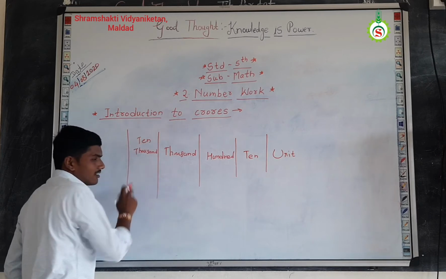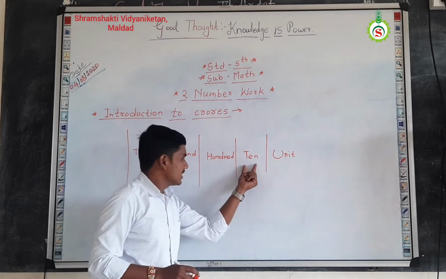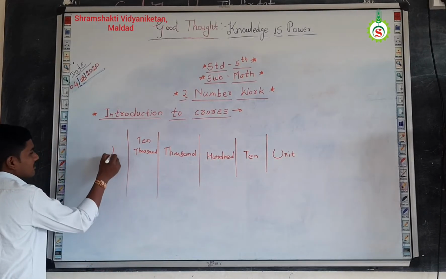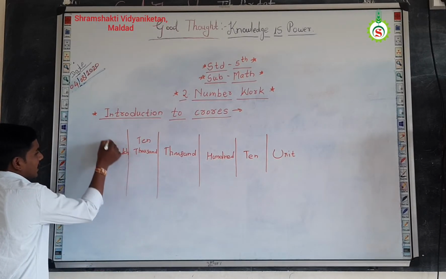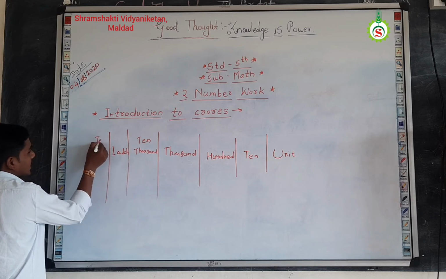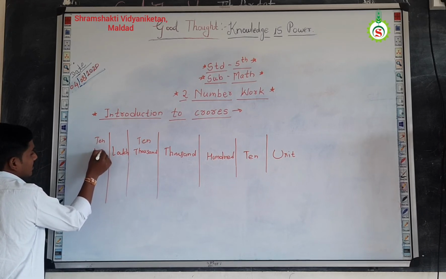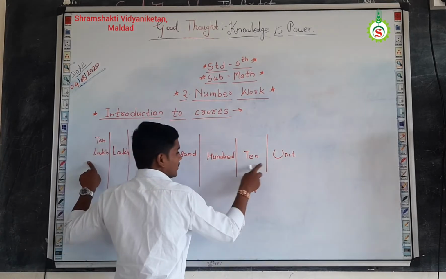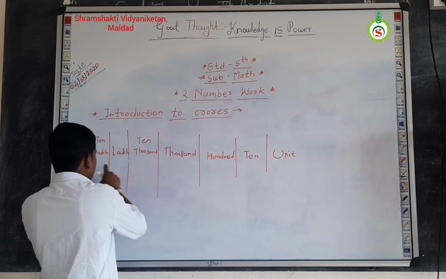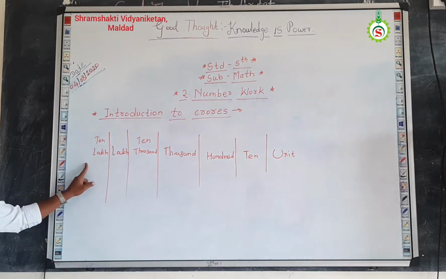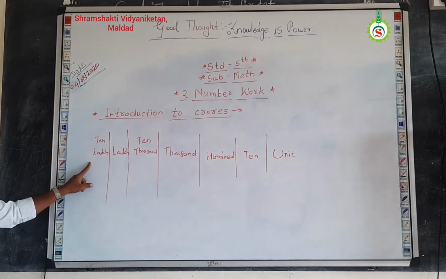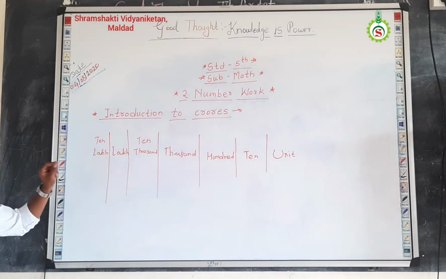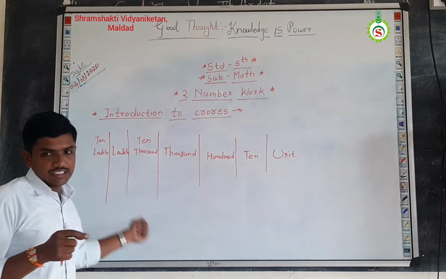After the ten thousands there will be the lakh, and after the lakh the ten lakh. How many digits have I taken? 1, 2, 3, 4, 5, 6, 7. That means in the last lecture we saw numbers up to 7 digits.